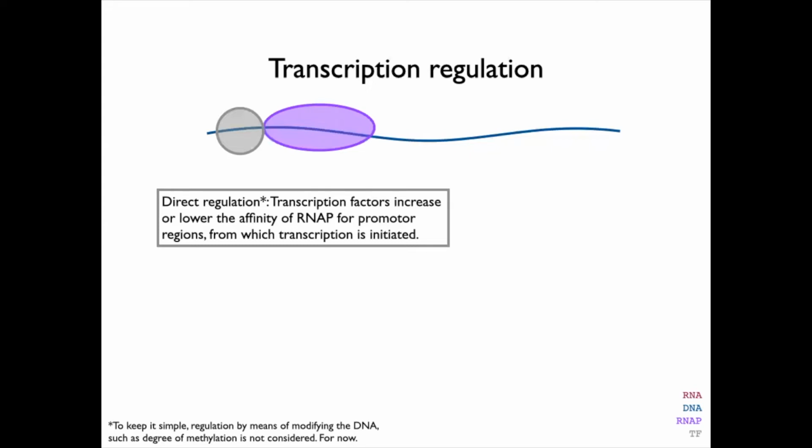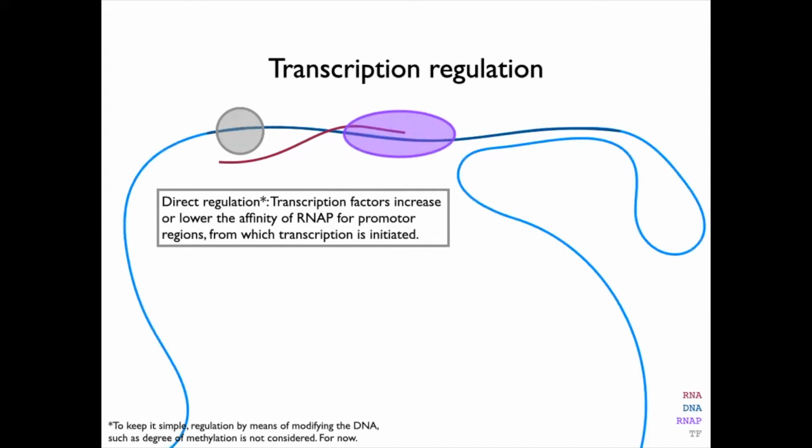This is an example where the transcription factor enhances transcription. The RNA polymerase binds and starts making RNA. But this is a very simple representation. This blue line here is not all of the DNA. It is part of a whole genome, which is much, much larger, which I now indicated by this lighter blue line.